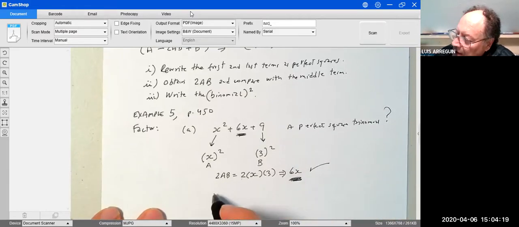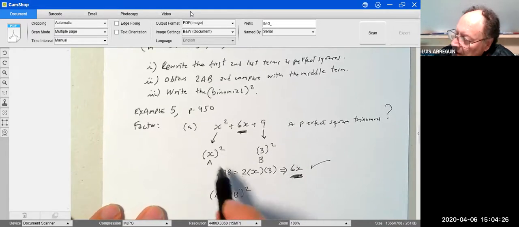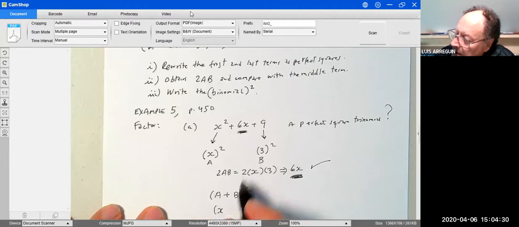So you just need to write a plus b squared as your answer. A is x, and b is 3.